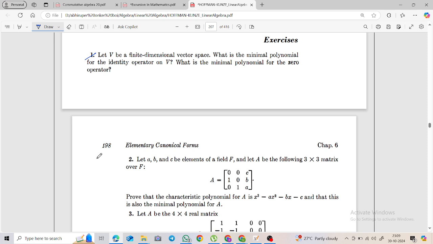What is the minimal polynomial? This is x minus 1.